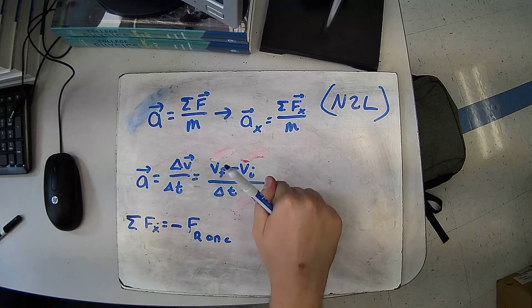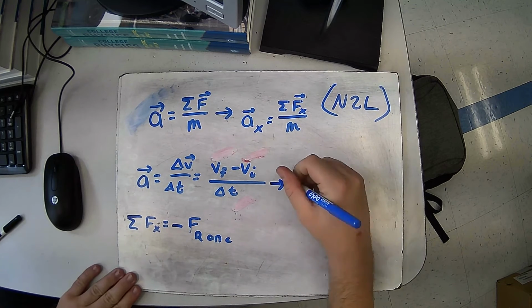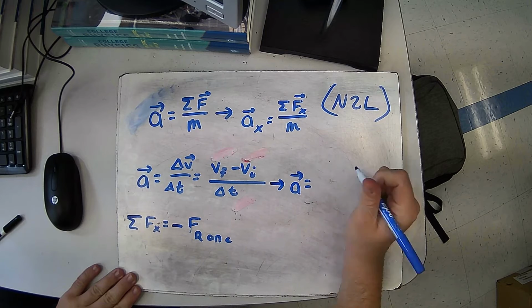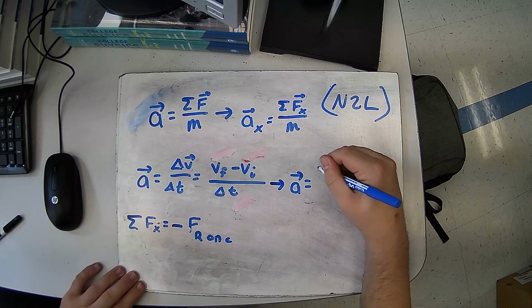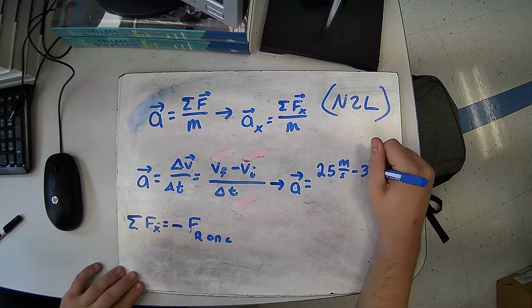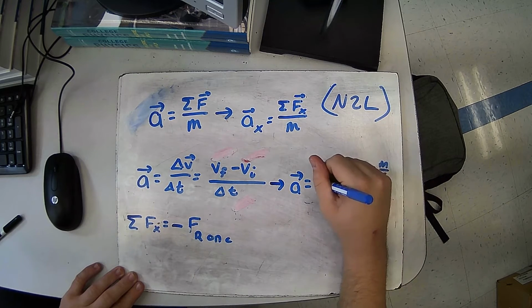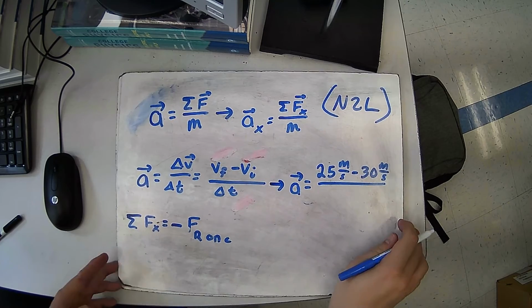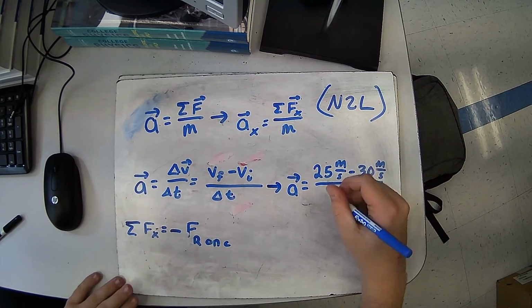Well, this is the one where I know everything, so let's go here. The acceleration must be equal to final minus initial, which was 25 meters per second minus 30 meters per second, over my time interval, which I believe was 2.6 seconds.